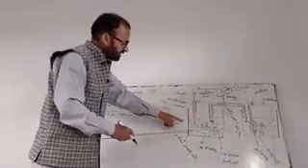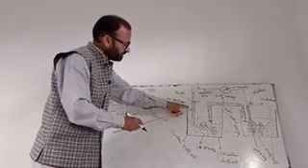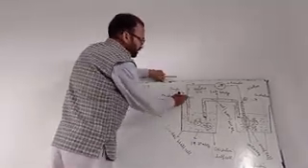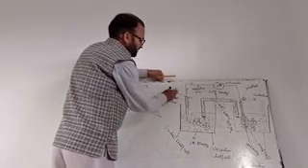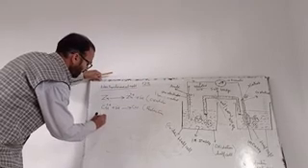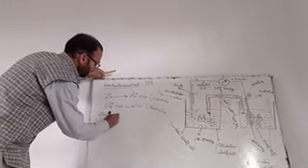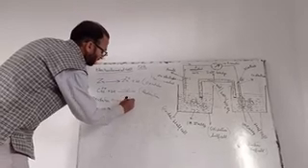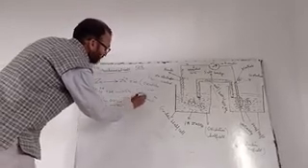In the oxidation half cell, oxidation occurs at the anode. Oxidation always occurs at the anode.